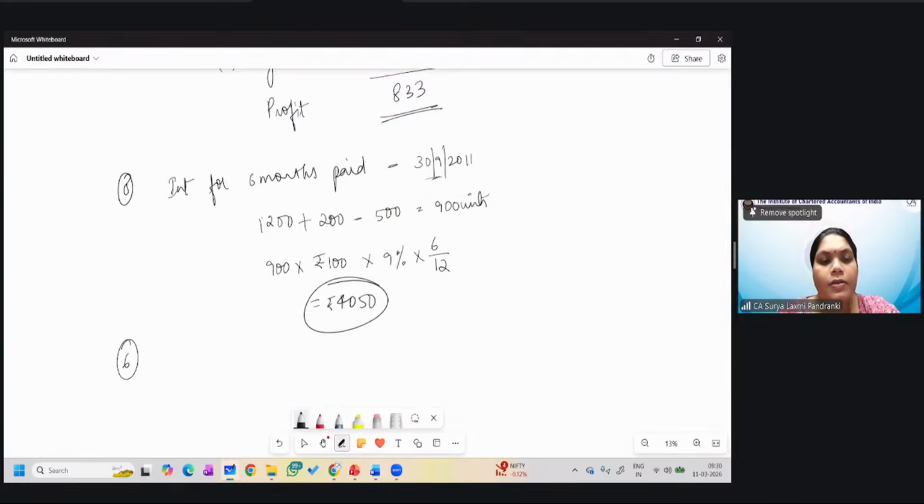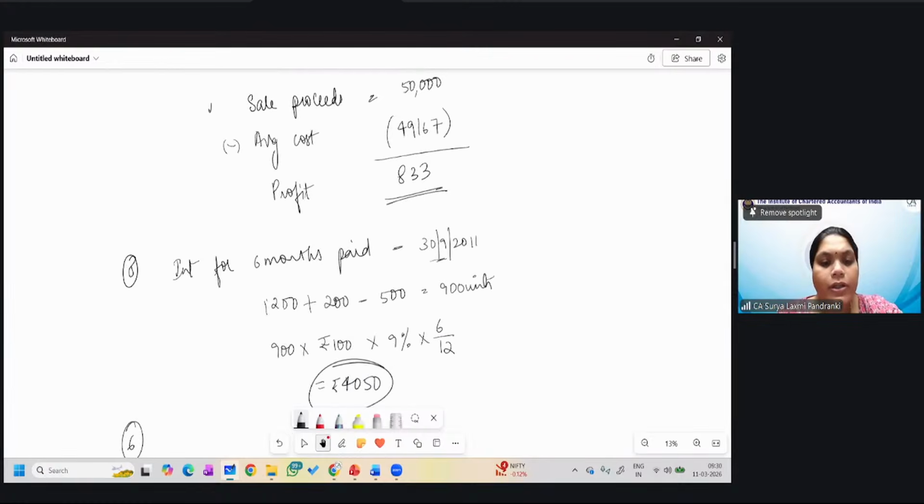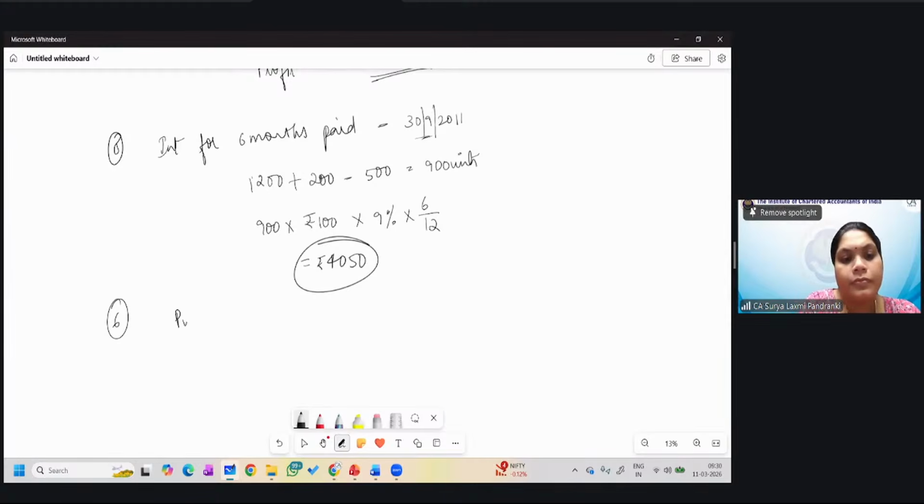Next one is purchase. So let us go back to the purchase. This value will be 150 into 90. Calculate this value, no? 14,700.